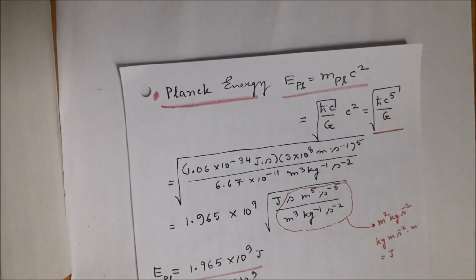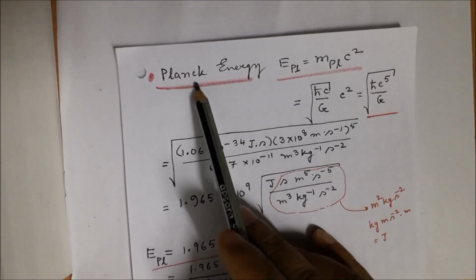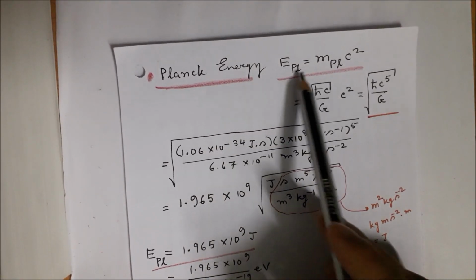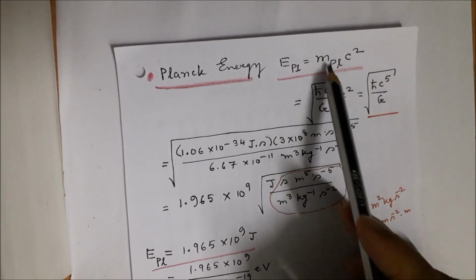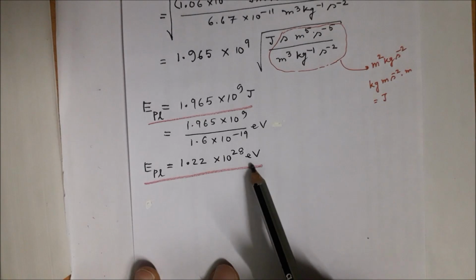Using Einstein's E equal to mc square concept, we can define Planck energy, where E_PL is Planck energy, which is Planck mass into c square, and if we put the values, we end up with this relation.